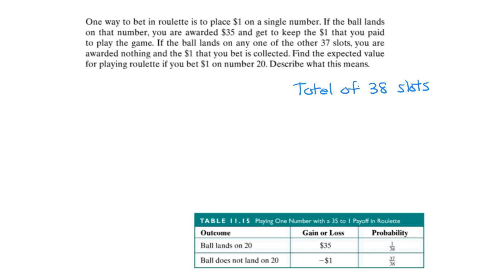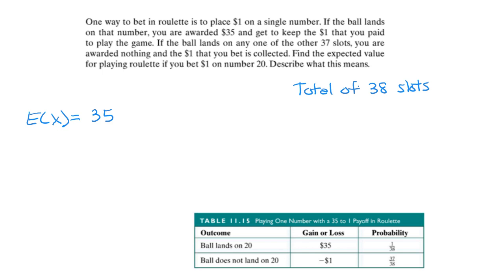It has a table on the bottom that says if your ball lands on 20, you get $35, and it gives a probability that corresponds to that. And then if the ball doesn't land on 20, you lose your dollar, and it has the corresponding probability for that.